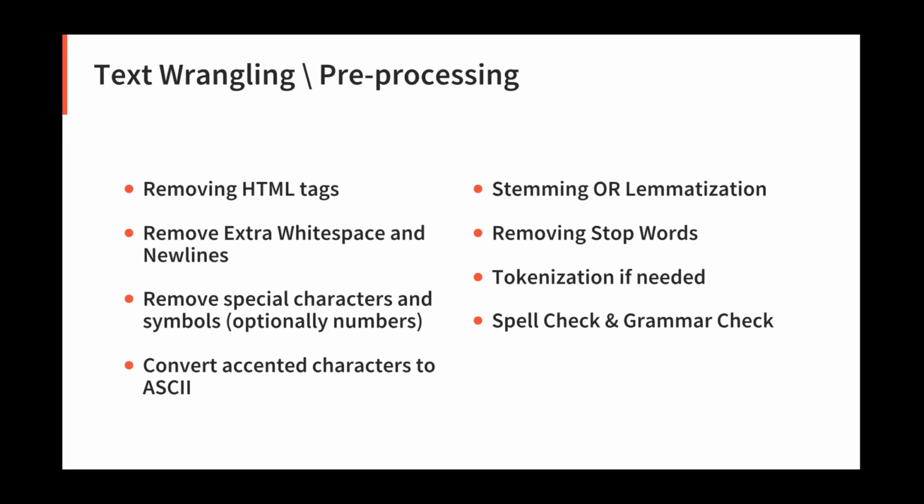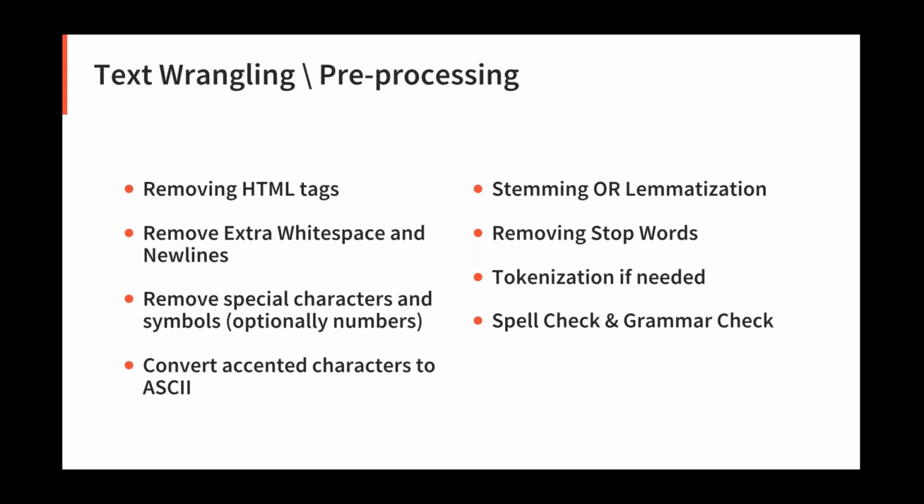So what are the potential steps for text wrangling or pre-processing? Basically, there are aspects like removing HTML tags, right? If you're scraping data from the web, you may end up with tags like paragraph tags, tables, div tags, and so on. You might need to remove these HTML tags because they don't really carry much information which can help you build a useful model.